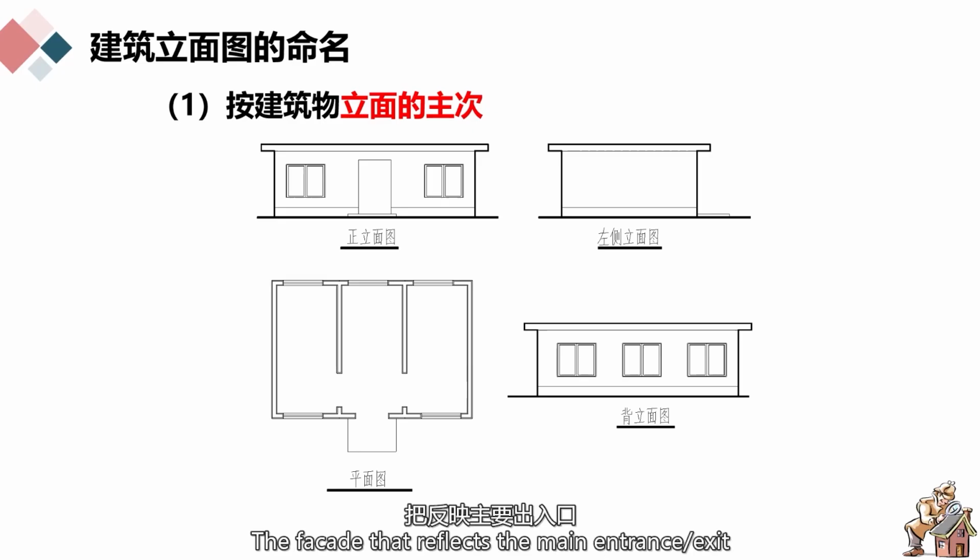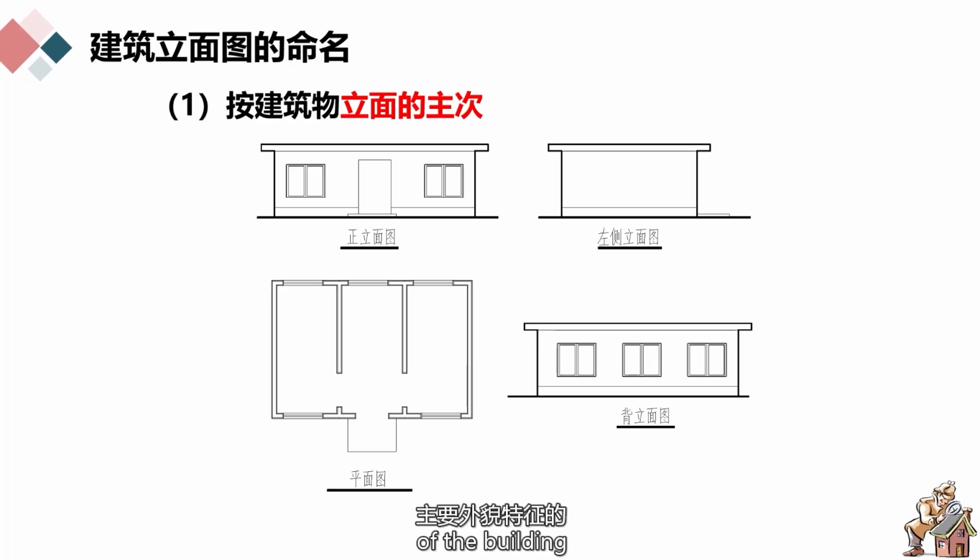The facade that reflects the main entrance or exit, or the main appearance characteristics of the building, is called the front elevation, and the rest of the elevations are called the back elevation, the left side elevation, and the right side elevation. 2.